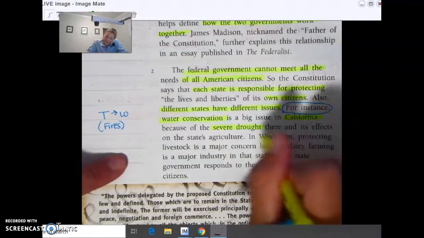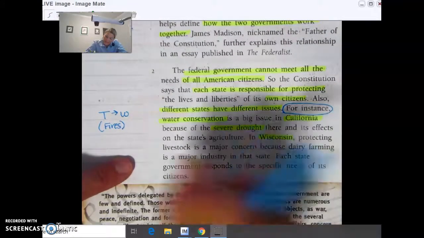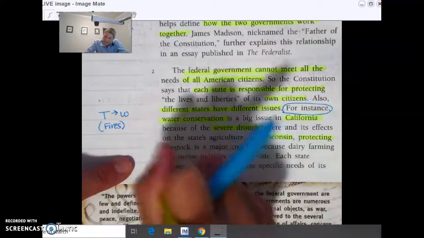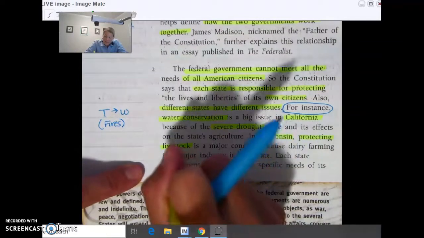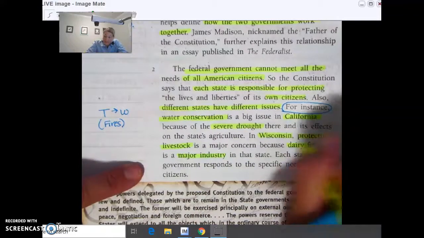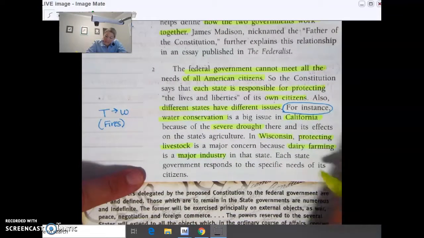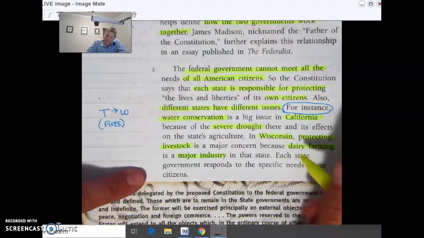"In Wisconsin, protecting livestock is a major concern because dairy farming is a major industry in that state. Each state government responds to the specific needs of its citizens."